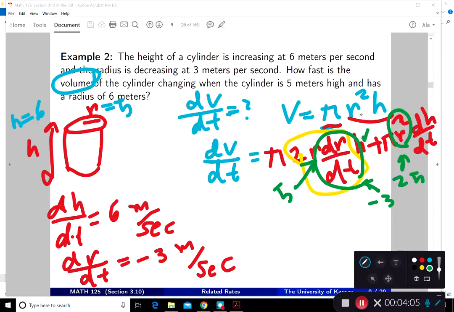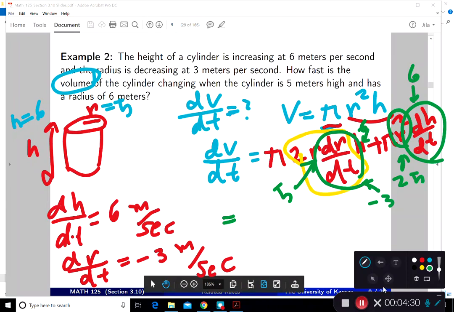Oh, and h is 6. dh/dt is also 6. So now I can calculate the instantaneous rate of change of volume over time.